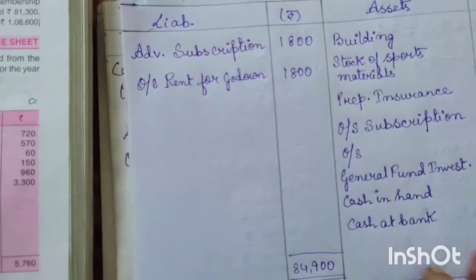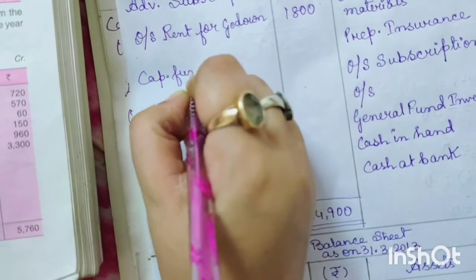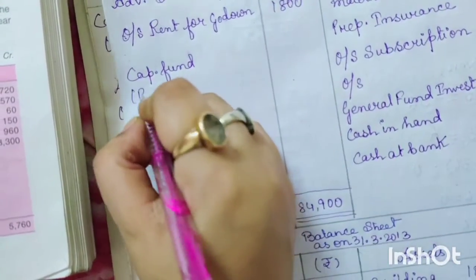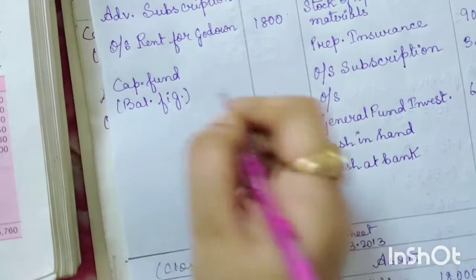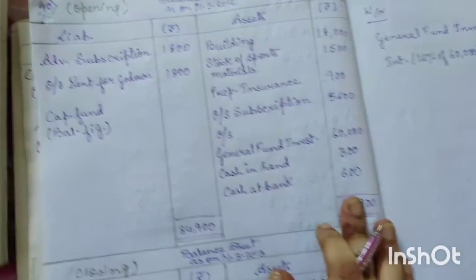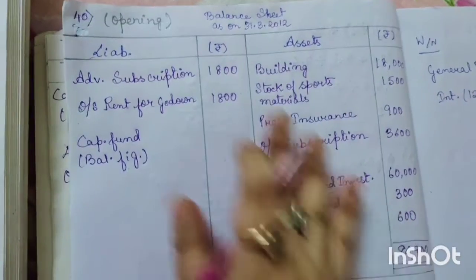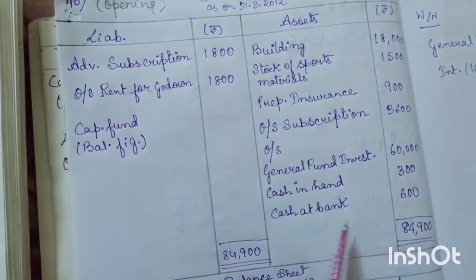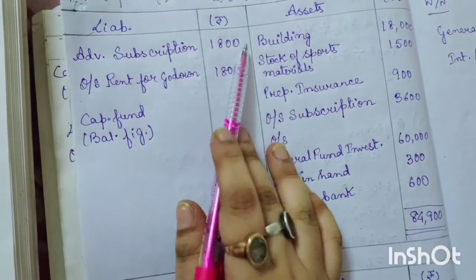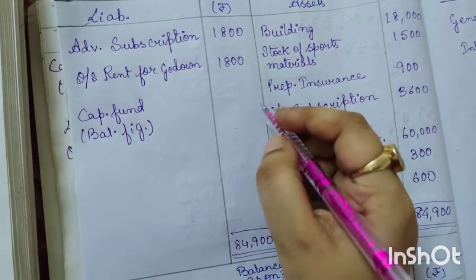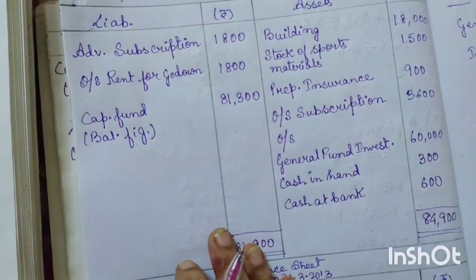Now we will calculate the capital fund, which is the balancing figure. From all these assets we need to deduct the liabilities. So from 84,900, if we deduct these two liabilities, we will get 81,300 as our capital fund.